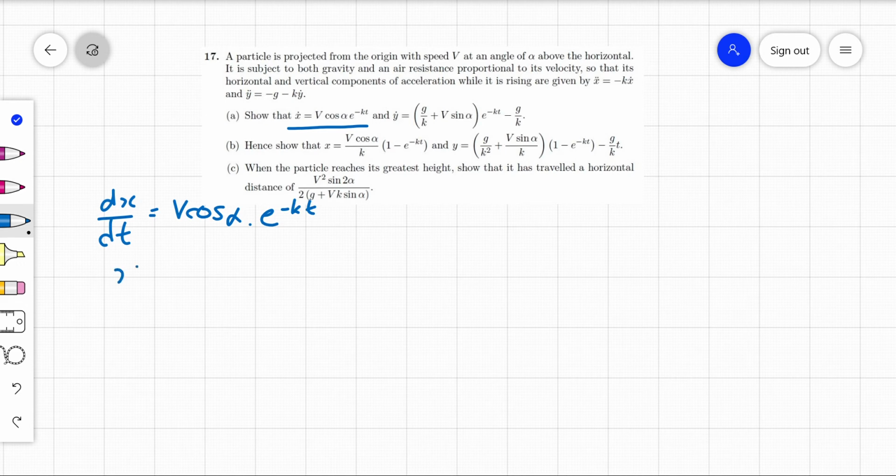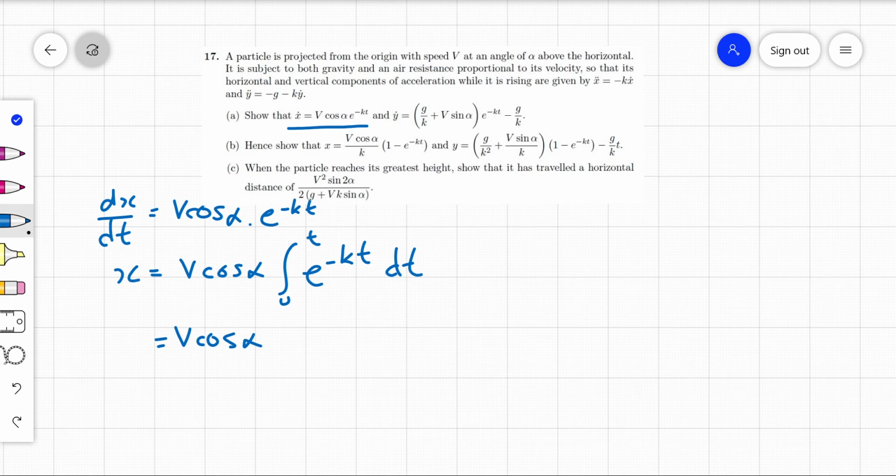If we integrate 1 with respect to x from 0 to x, we're going to get x. If we integrate v cos alpha e to the minus kt with respect to t from 0 to t, we'll still get e to the minus kt between 0 and t, but we need to divide by a negative k. So I'll put a negative k there.